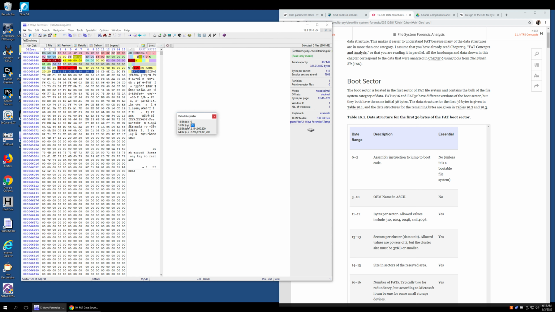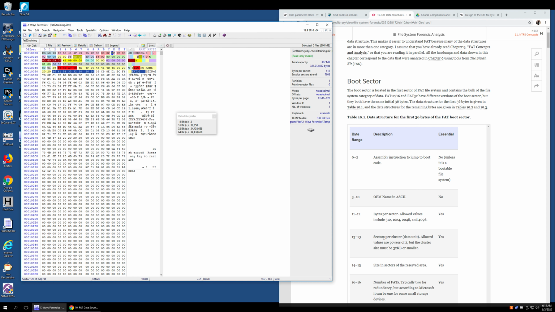You'd have just a little bit left over, and that's called slack. We'll talk about slack in a different block. But just know that there are 512 bytes per sector, and we learn that starting at byte range 11 through 12, or offset 0B.